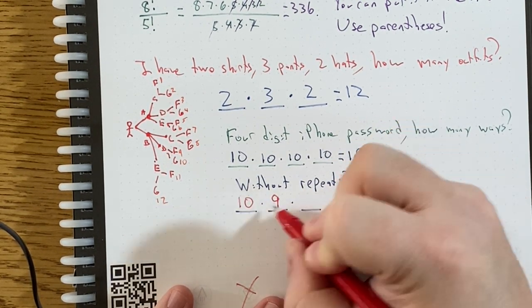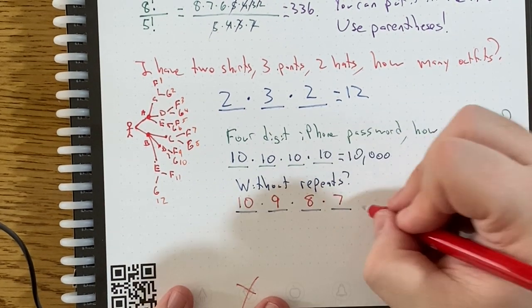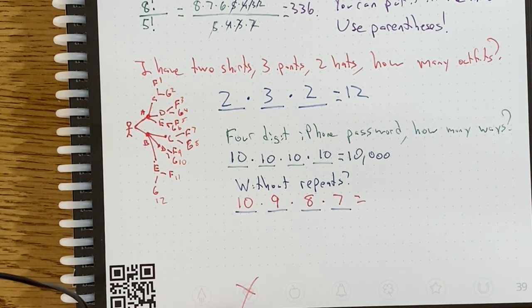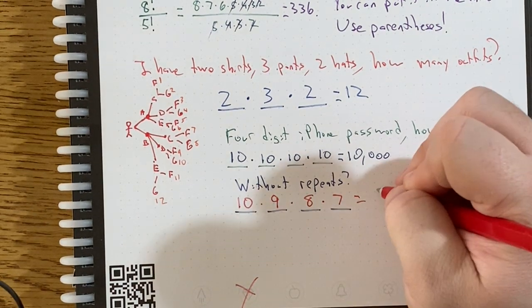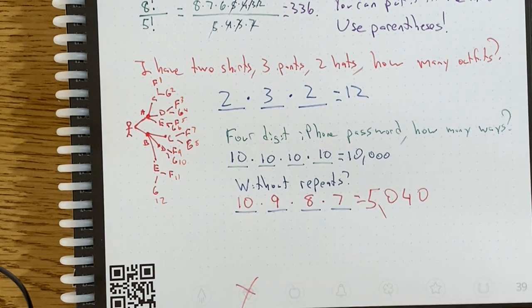Next one, you've already used 2 numbers. There's 8. Last one, 7. So you'd have to do 10 times 9 times 8 times 7, which is 5,040. So really, if you don't repeat any number, you're cutting the amount of passwords you can have in half.